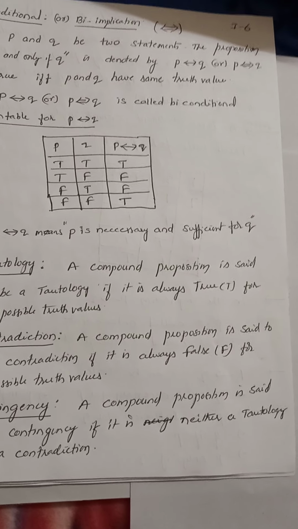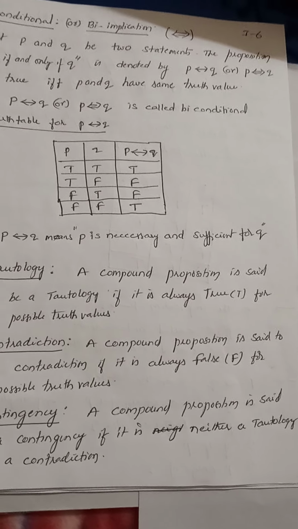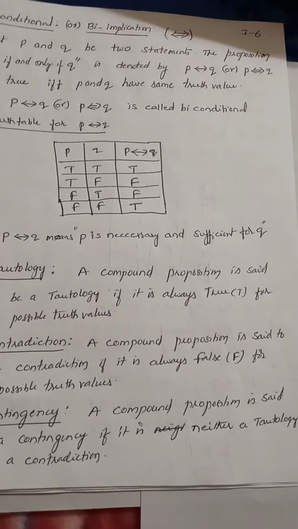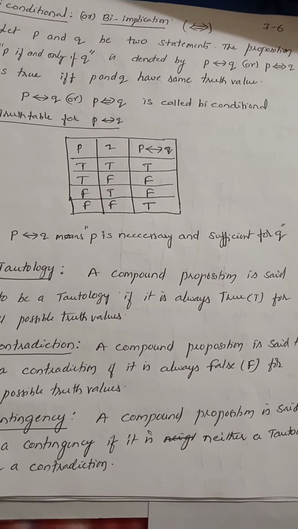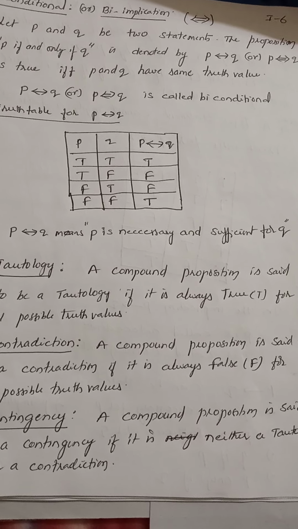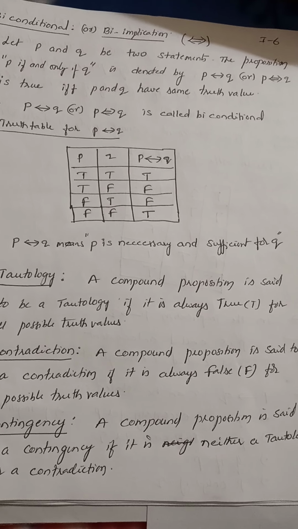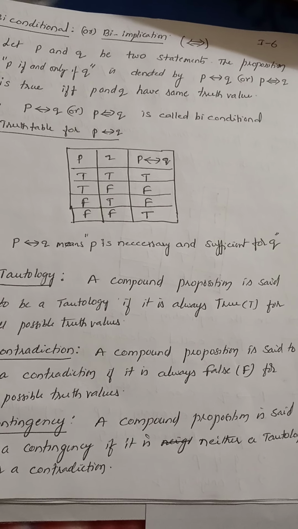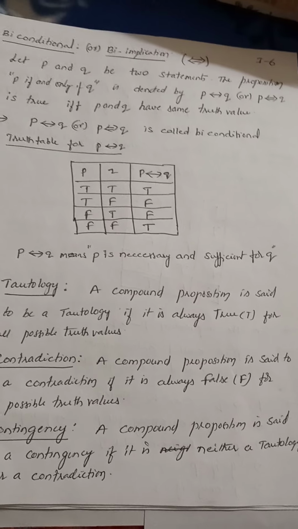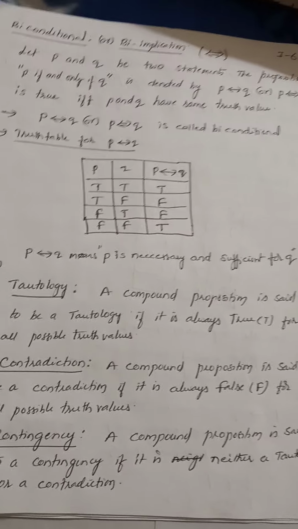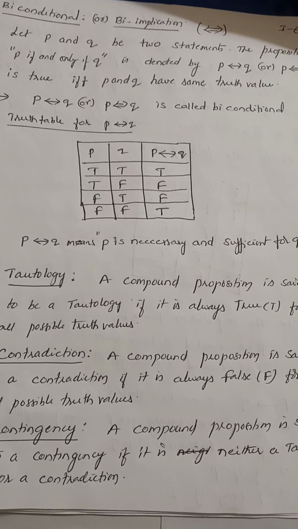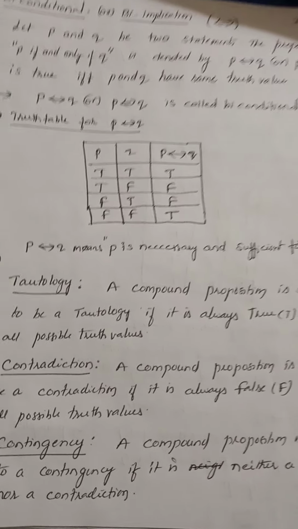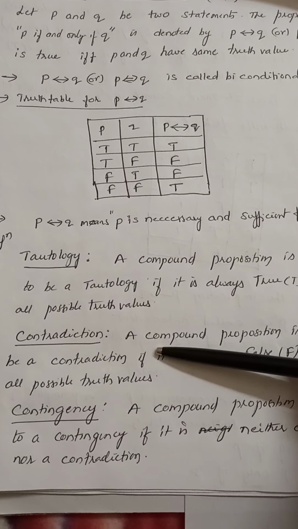Or you can say a propositional function is said to be a tautology if it is true for all possible truth values. That means if you construct the truth table for a given compound statement and the last column values are all true, then that propositional function or compound statement is said to be a tautology.